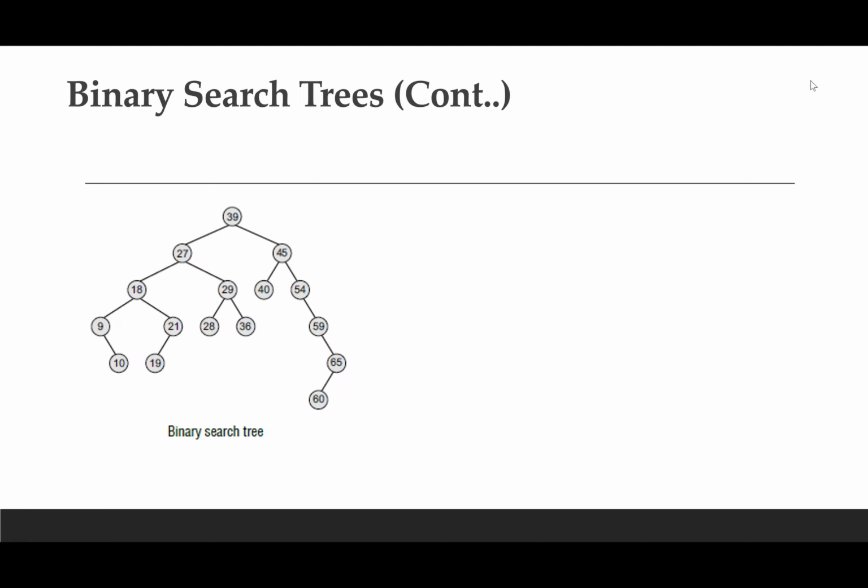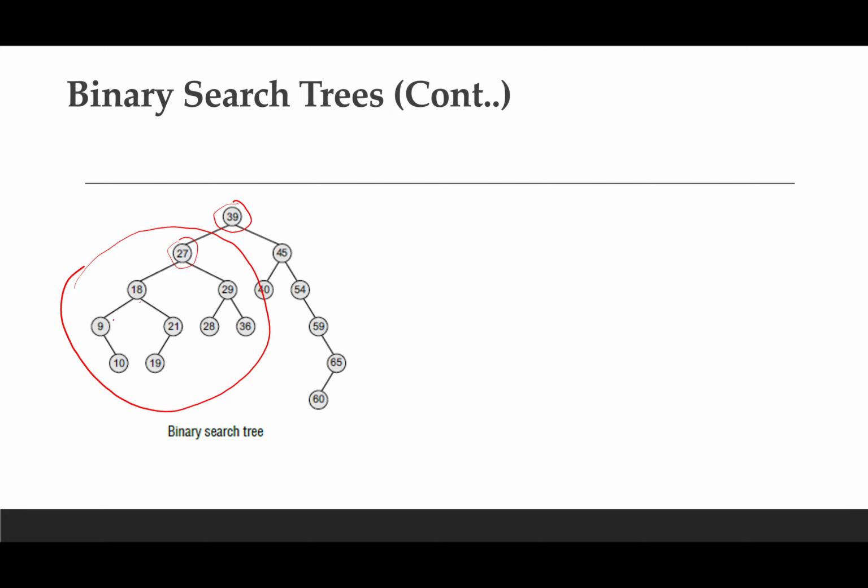For example, consider this tree. What is the value of the root? It is 39. Let's check the left subtree. Its value is 29, then 27. The left child of 27 is 18, which is less than 27.